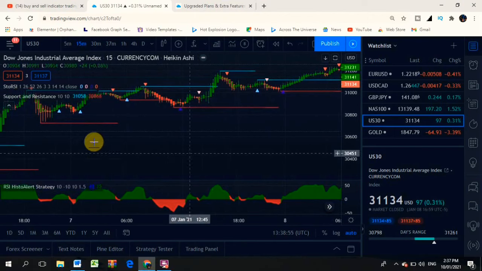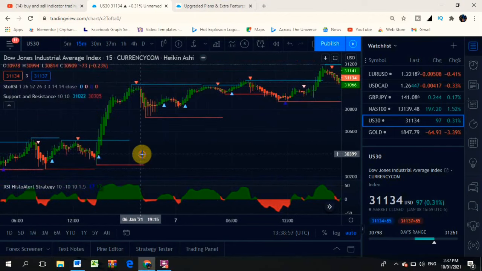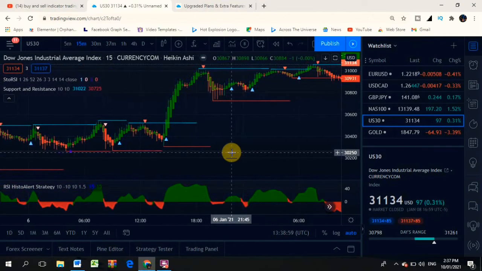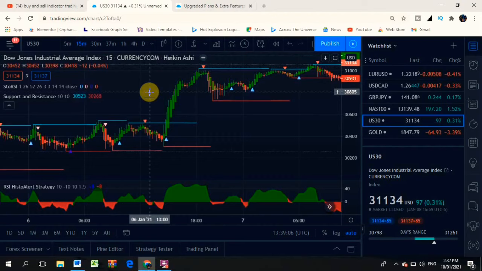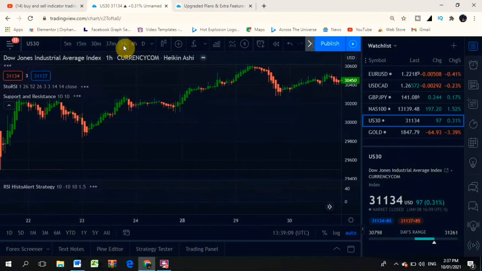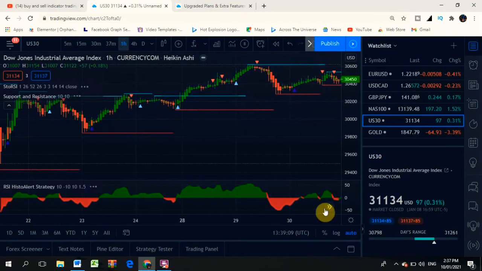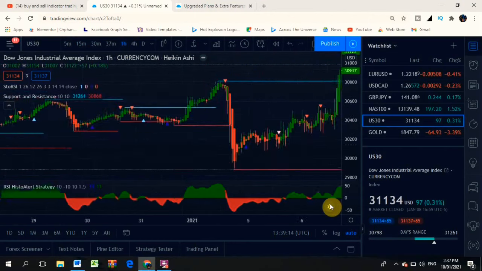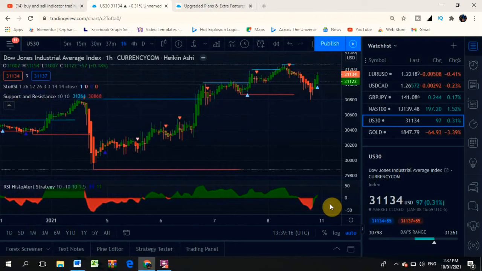You can see there is much of buying, because the market tells us that there will be much of buying in the higher time frame. Whenever you are trading in 15 minutes, you should also consider 1 hour. You check what 1 hour is doing and compare it with your 15 minutes, because whenever you are trading in 15 minutes, you have to look at 1 hour, 4 hours, and daily.